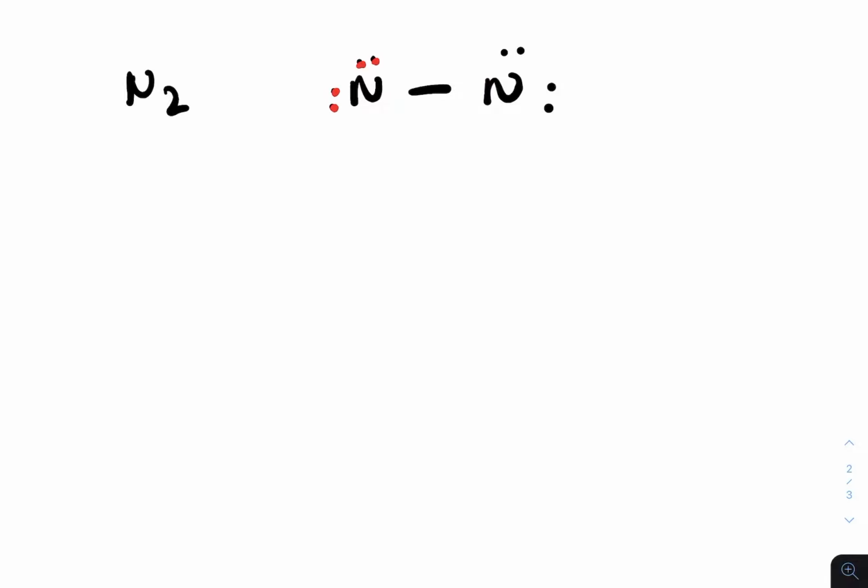Yes, we do know that this is 2, 3, 4, 5, 6, 7, 8, 9, 10. They come together and they form 10 electrons. So yes, this is 10 electrons.